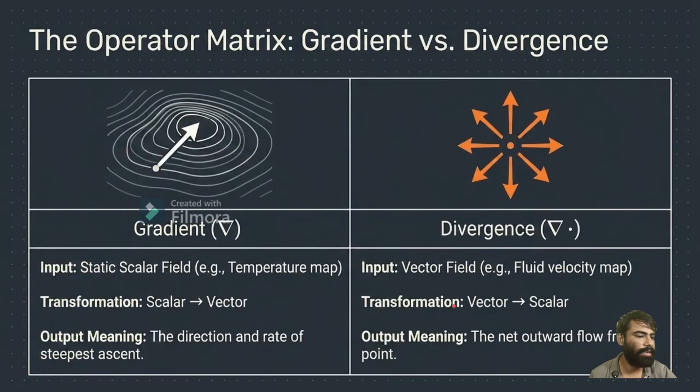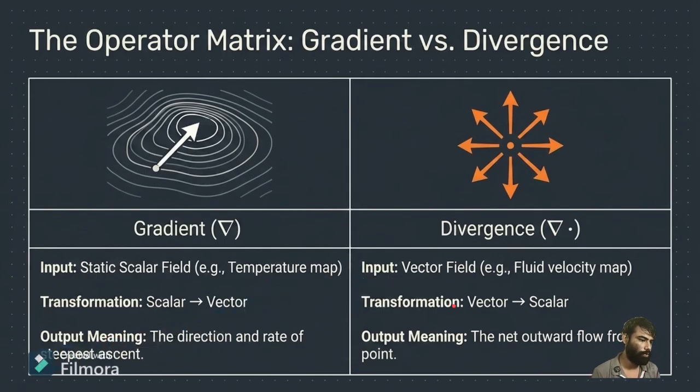Now, what is the difference between divergence and gradient? We have already said the gradient takes a scalar field to a vector. So if you input a scalar field into the gradient, like a temperature map or an atmospheric pressure map, it will give some vector, like a wind map. And in the divergence, if you put in a vector, it gives you a scalar.